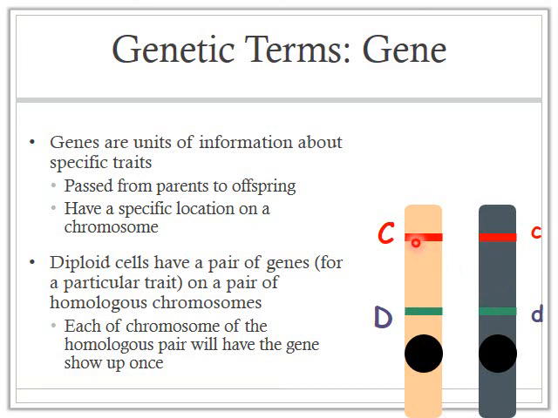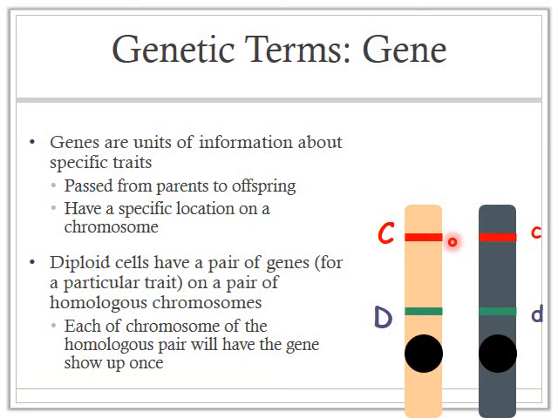As you might notice, this is a big C, this is a little c. So there are variations of a particular gene. That's called alleles. There are different alleles of one gene. They're slightly different from one another. But again, you'll find them on the same spot, location, loci of the chromosome.